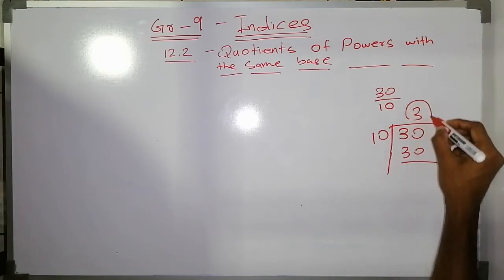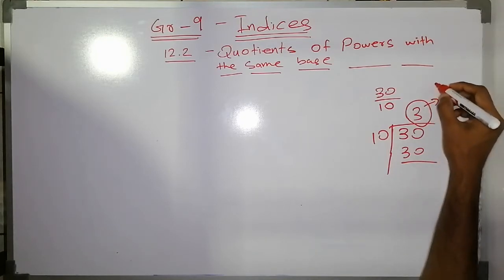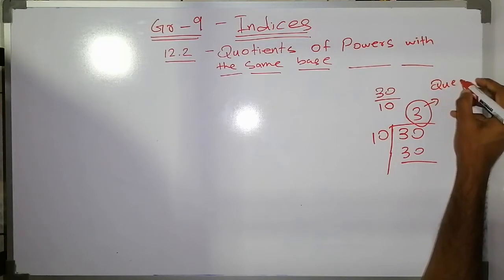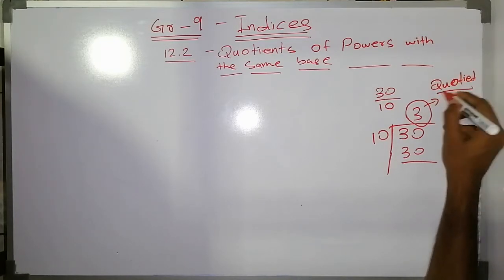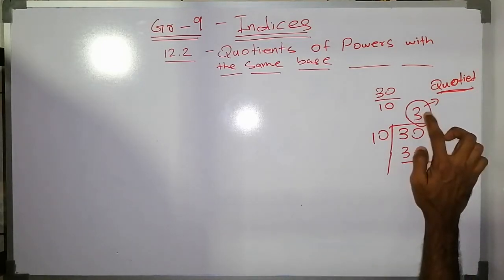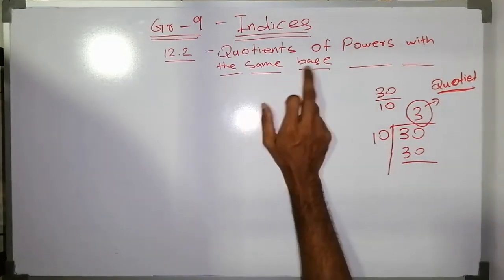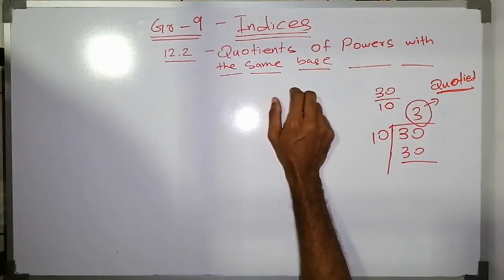So how many times you can divide by a number, that is the quotient. In other words, we call the answer, the number of times, the quotient. So quotient of powers with the same base means you are going to divide.